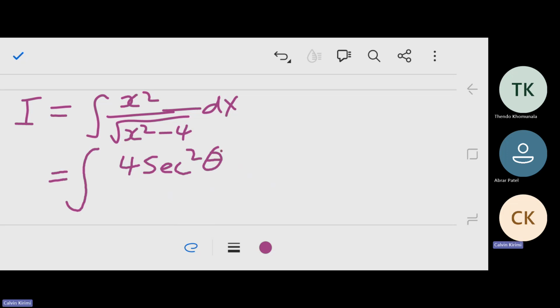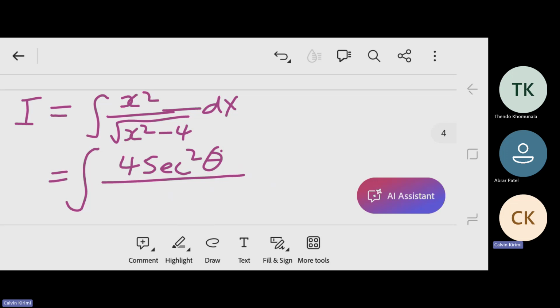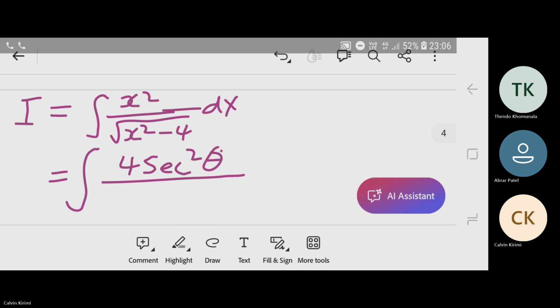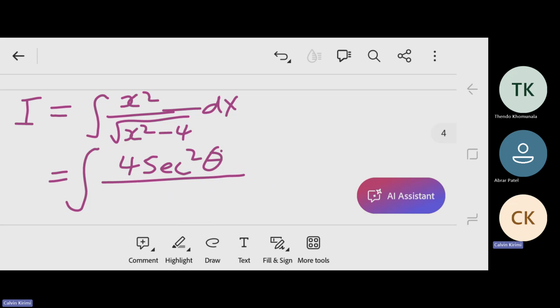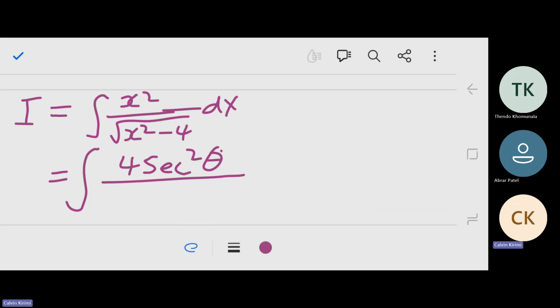That is the x squared. Then what is under the square root, we say that's what we are going to replace as 2 tan theta. That is under the square root, 2 tan theta.